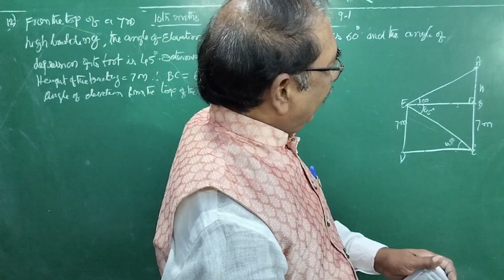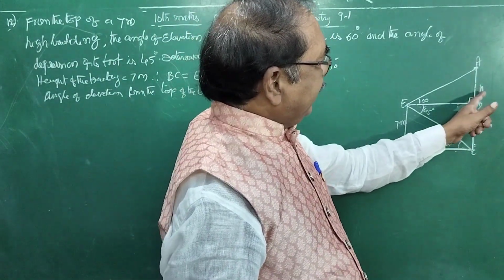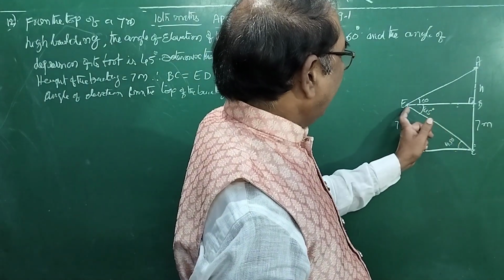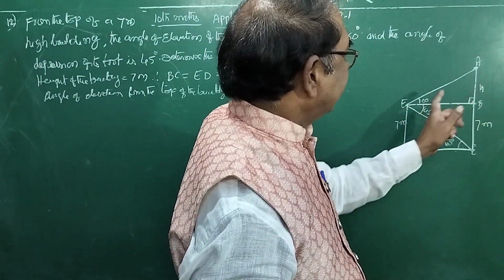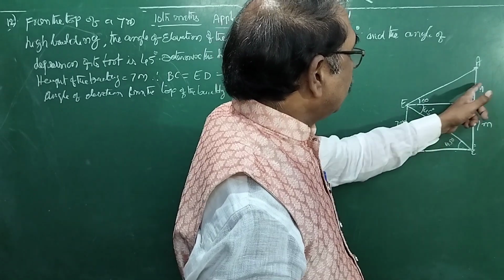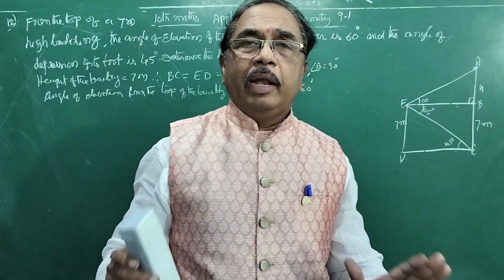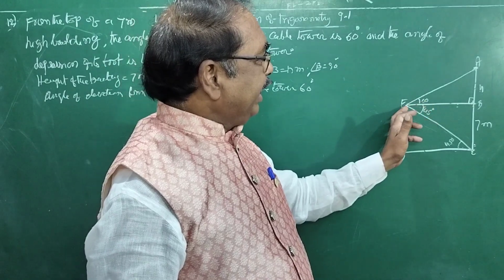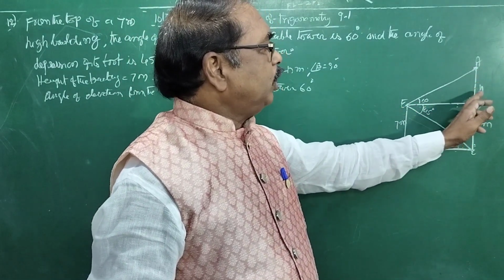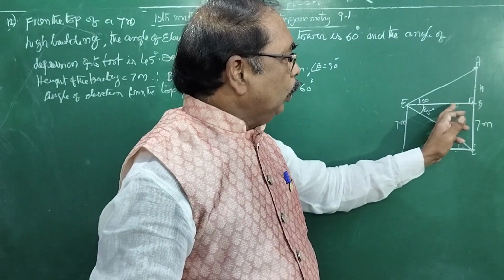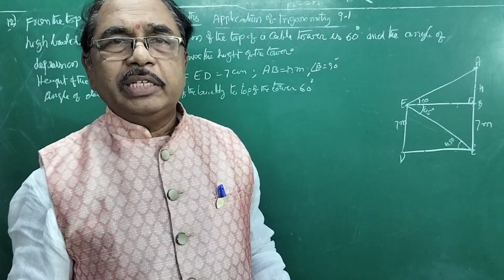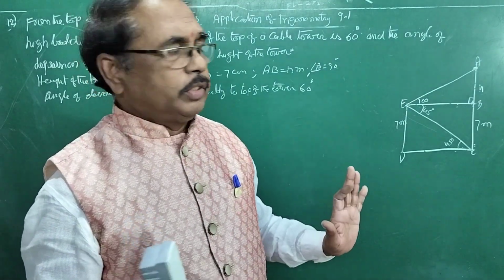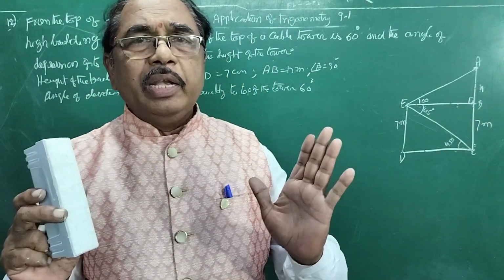Now what do we have to find out? We have to find out H and EB. These two are the lines we need. That means here, the adjacent side for the 60 degrees angle is EB and the opposite side is H. We have to find the relation between these two. We need not find the hypotenuse. Yes, these two are the relations we are in need of.